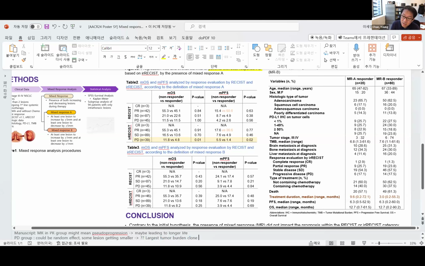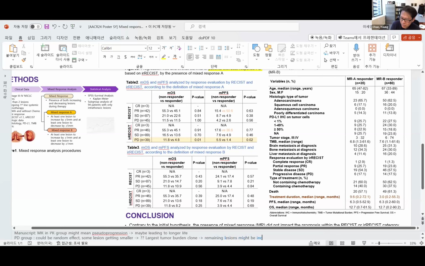The sum of the largest diameter should still be 20% or above, right? So that means that remaining progressing tumor has to be increasing at a faster rate than regular PDs to account for the response in other lesions.